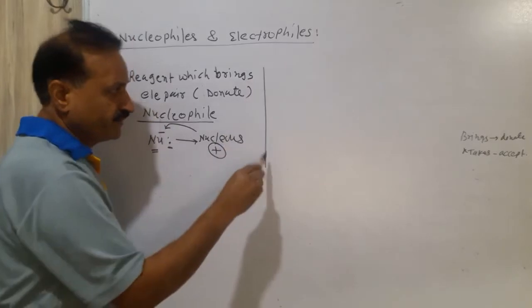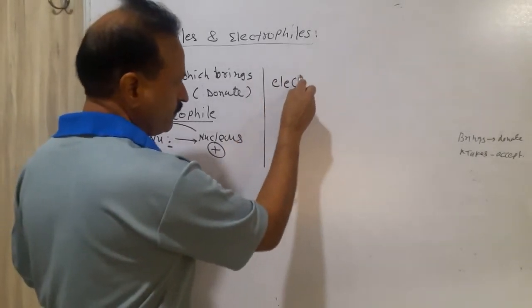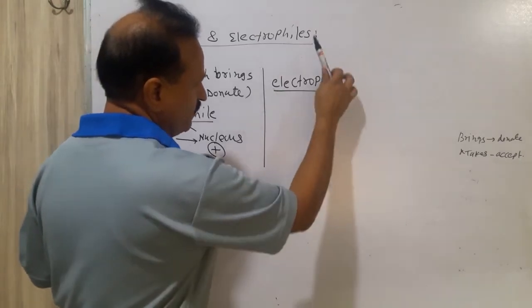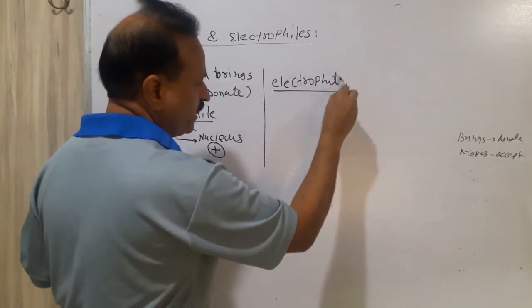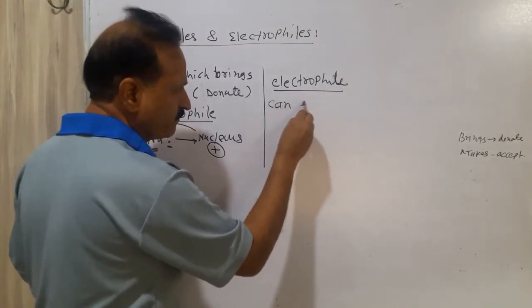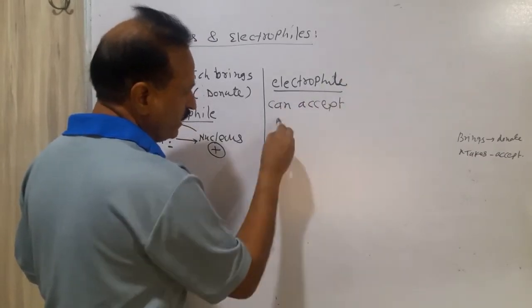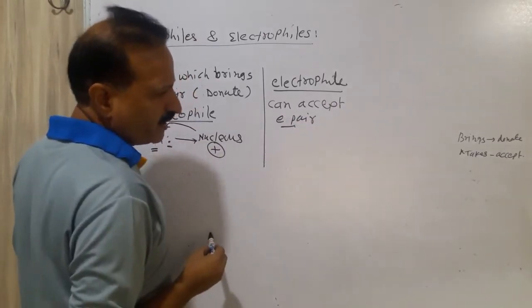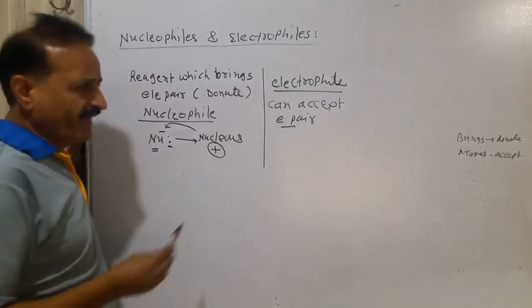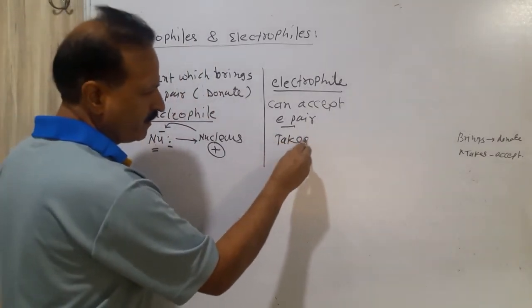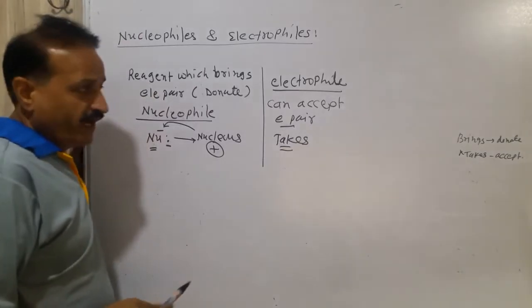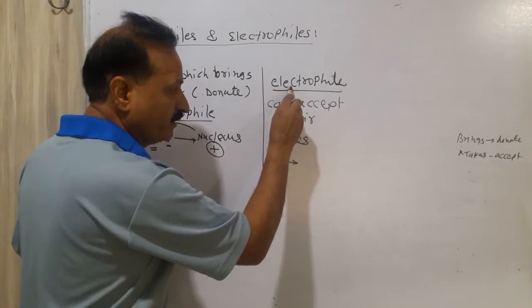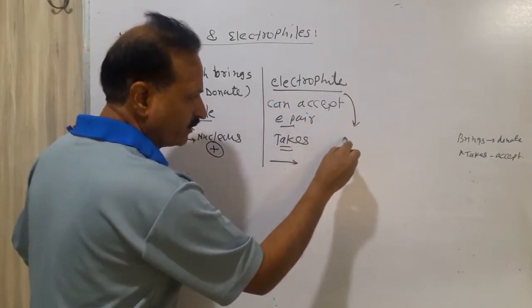In the same way, electrophile, you can easily understand that electrophile means can accept, can take electron pair, and it is attracted to electron.